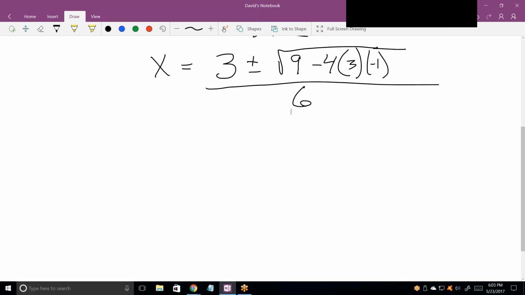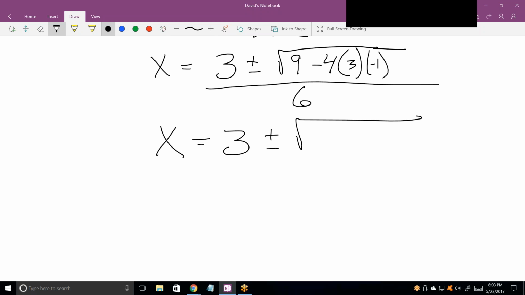Now simplify. And always simplify what's in the radical sign first. In other words, don't do more than this step. And in fact, when you go to figure out what the discriminant is, I suggest everybody always do that step first.